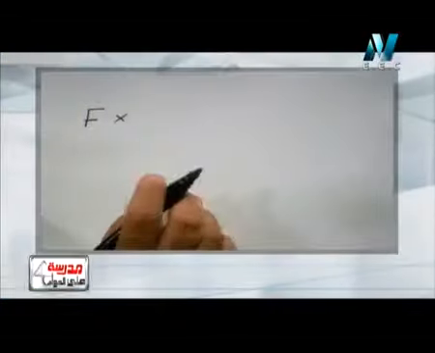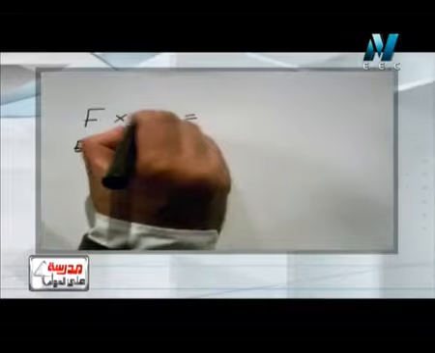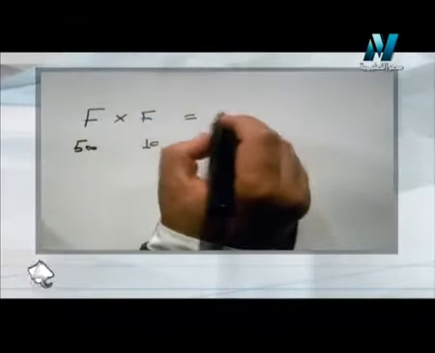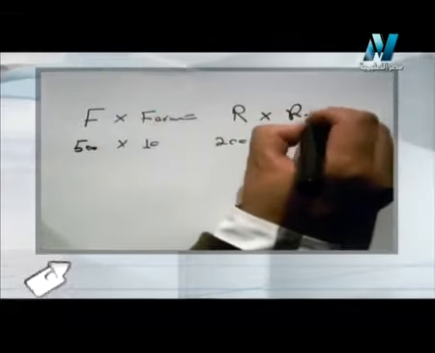Another question, from Ahmed. A force of 500 Newton affects a first-class lever, and its arm of force equals 10 centimeters. The resistance equals 200 Newton, and the length of the arm of resistance is 20 centimeters.